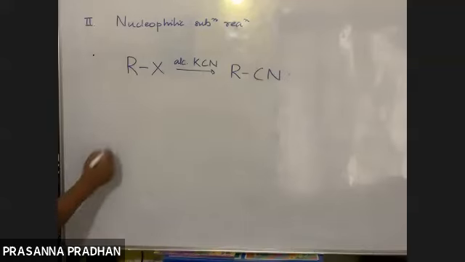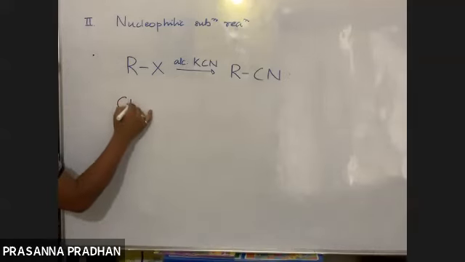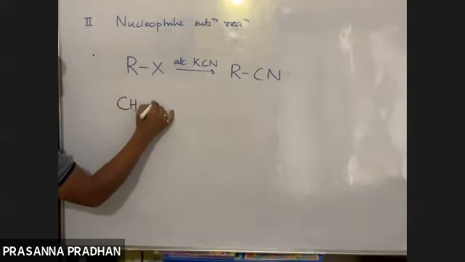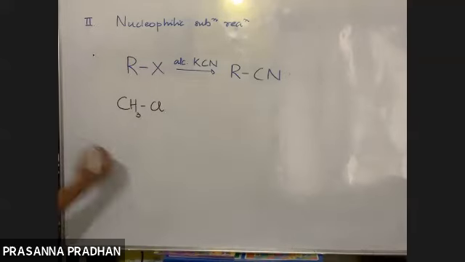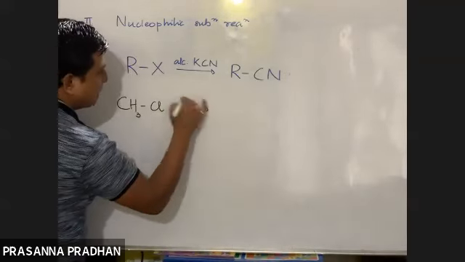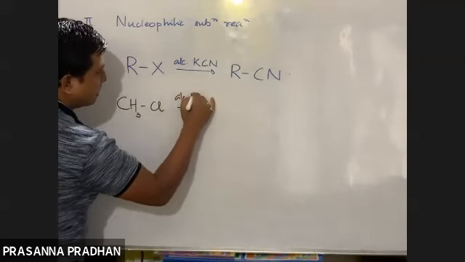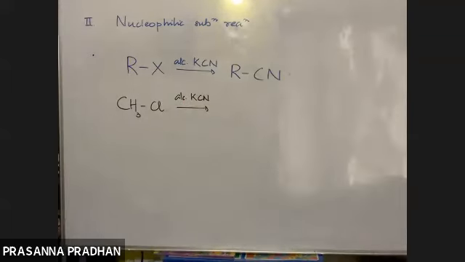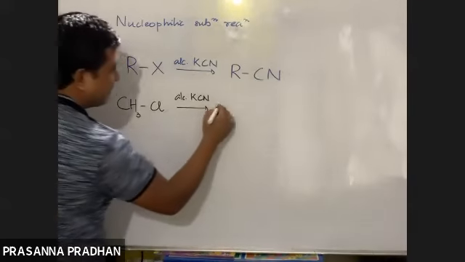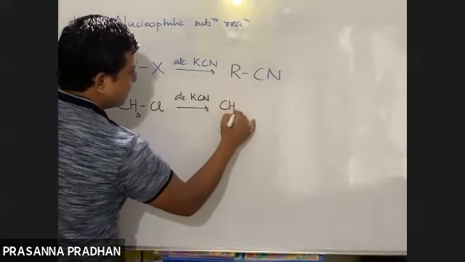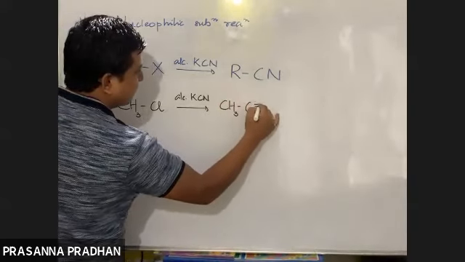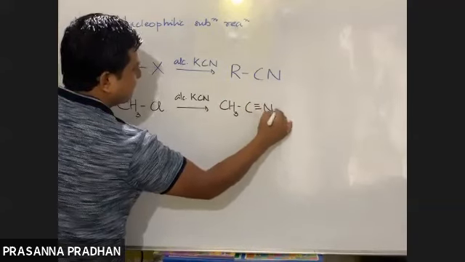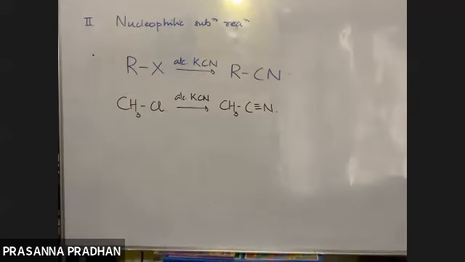For example, if I start with methyl chloride and treat this with alcoholic potassium cyanide, this halide will get substituted by CN. So I can write C triple bond N like this.